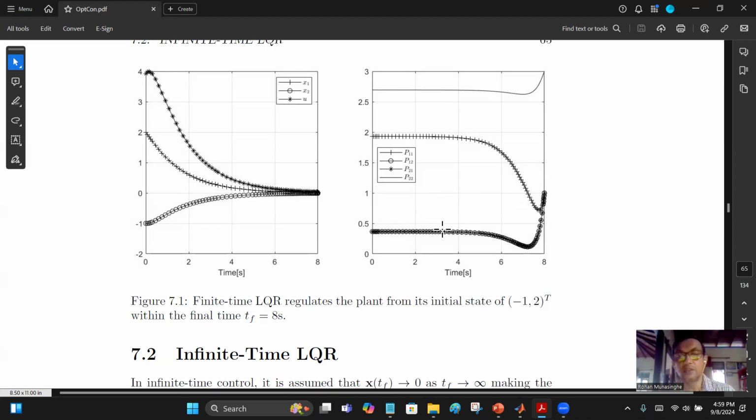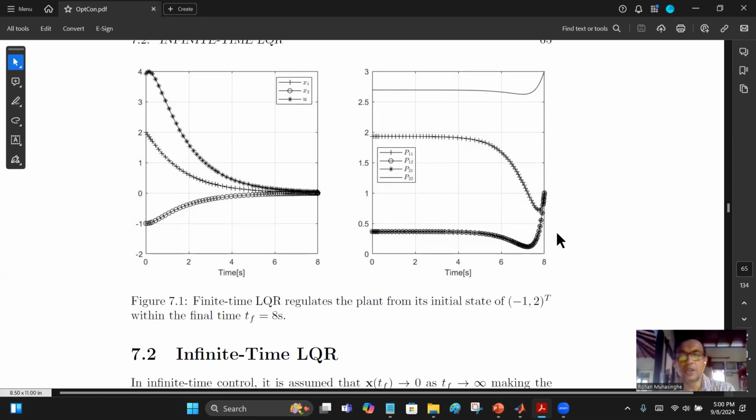They start somewhere here, stay flat, and then towards the end of the time, go like that. And the fourth P value, P22, is this, goes like that. So you can see at the end, the last value is 3. All of the other values end up at 1. So I think it was 1, 1, 1, 3, right? So finally, the values are there.